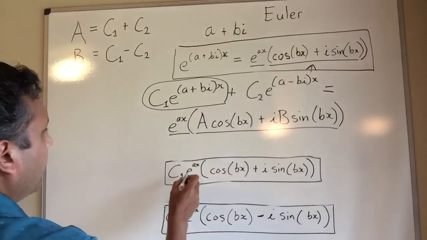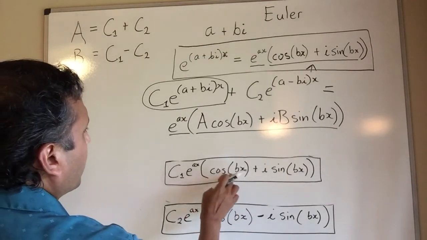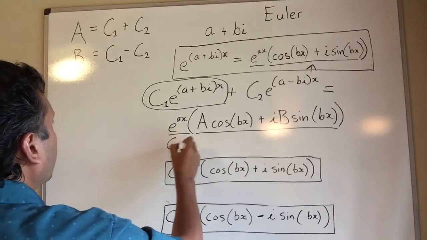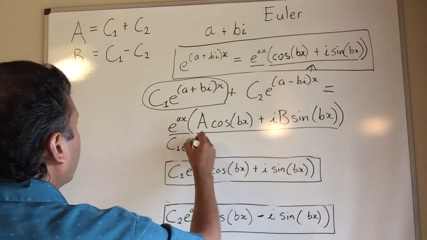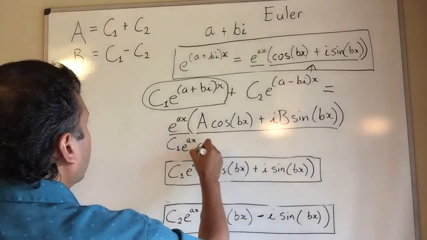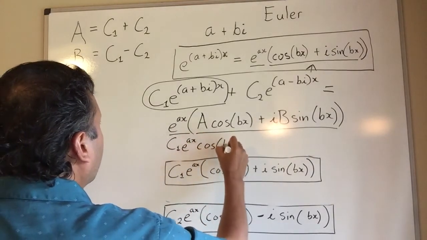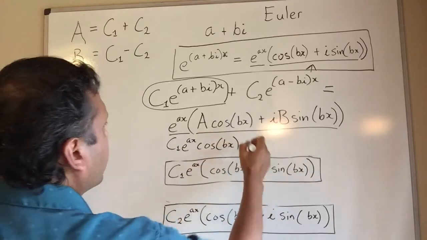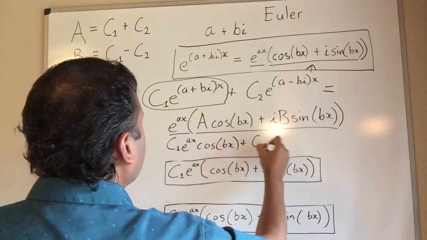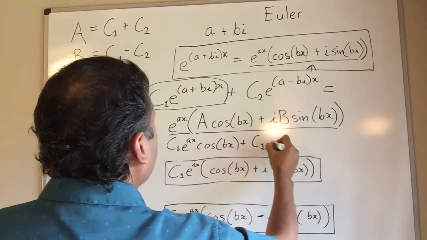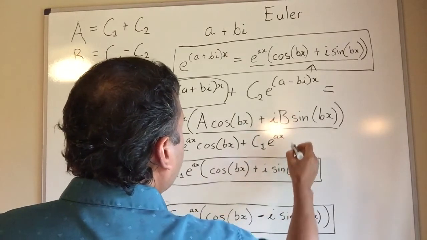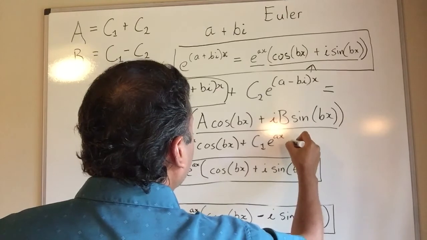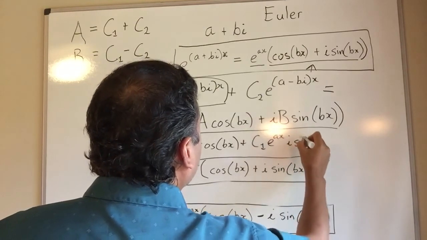So C1 e to the AX multiplied by cos BX gives me C1 e to the AX cos BX plus C1 e to the AX I sine BX.